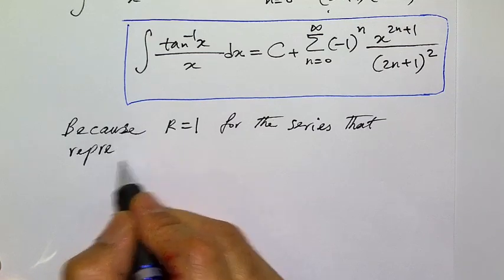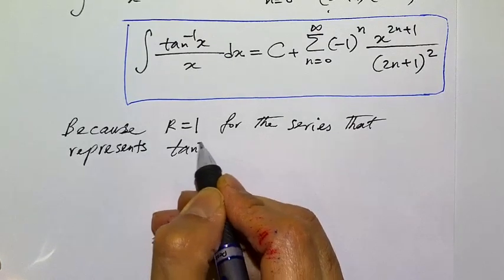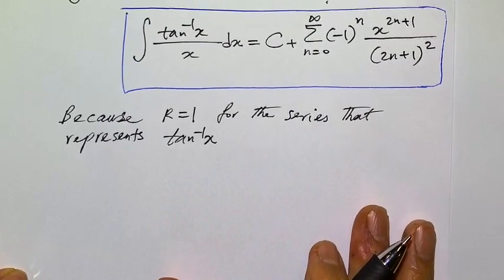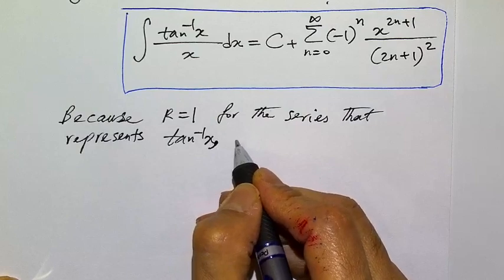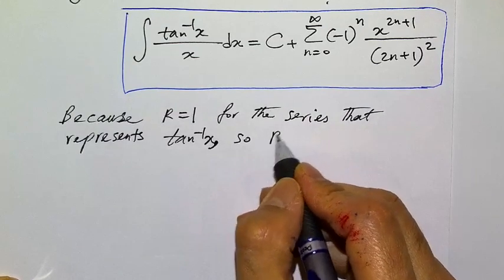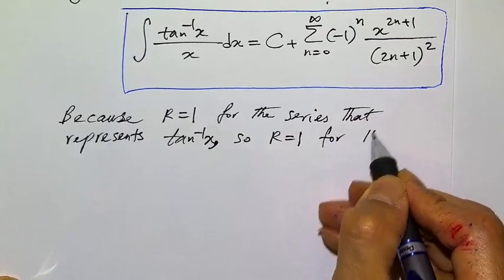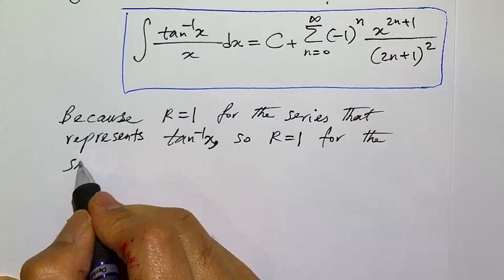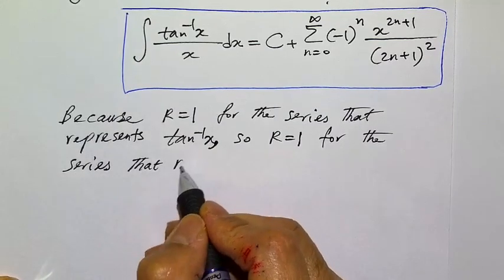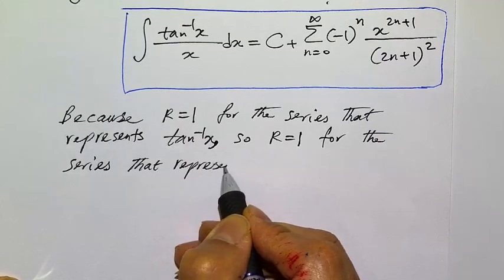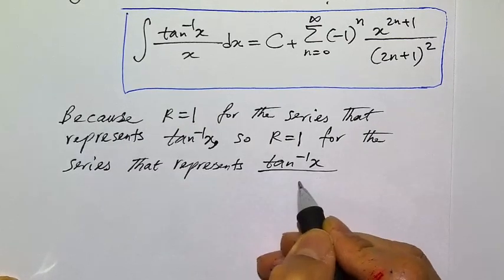So r, the radius of convergence, is still equal to 1 for the series that represents inverse tangent of x over x.